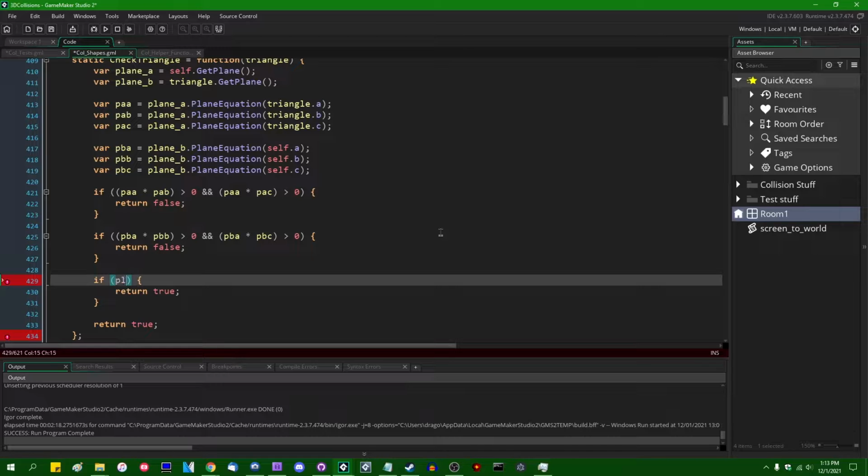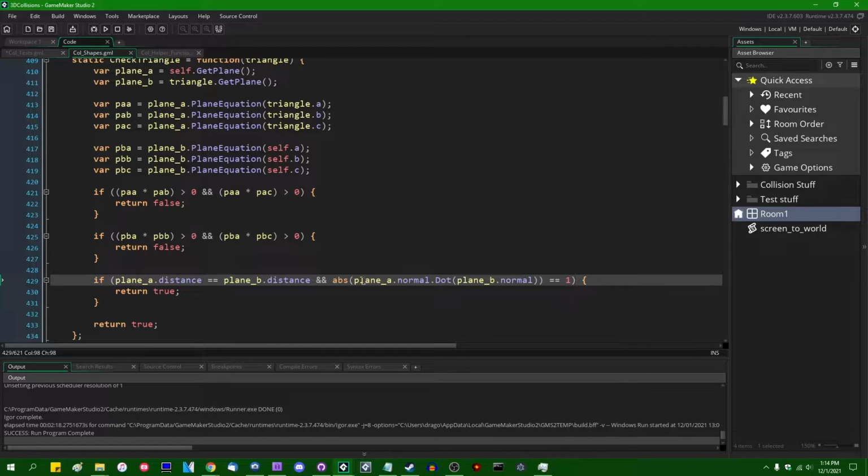You could say if plane A dot distance equals plane B dot distance, and the absolute value of plane A dot normal dot product against plane B dot normal equals 1. Because in this case, the planes are one-sided, so you could have 2 planes that are visibly occupying the same space, but they will have opposite normals, and you can compare the normals to each other using the dot product.